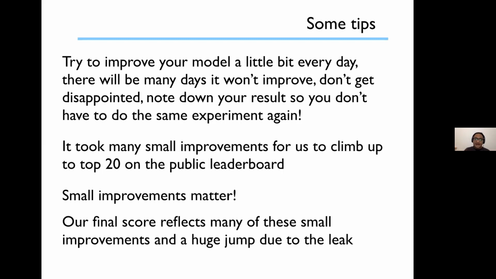But if you look at our final score, you'll see it was way beyond what anybody else had, a long shot. Our final score reflects many of these small improvements that we made over the course of the competition, and there was a huge jump. This was due to the leak.